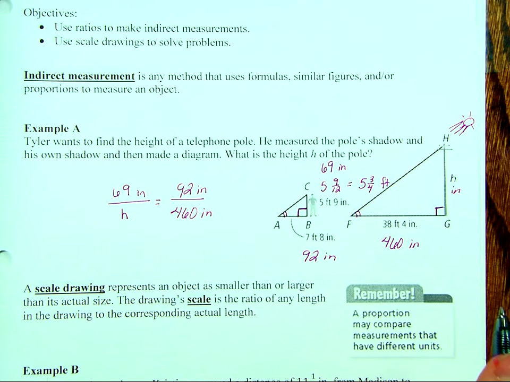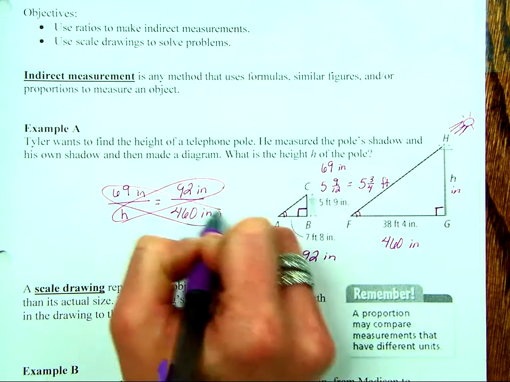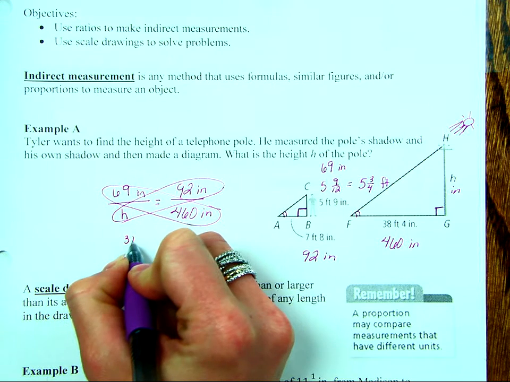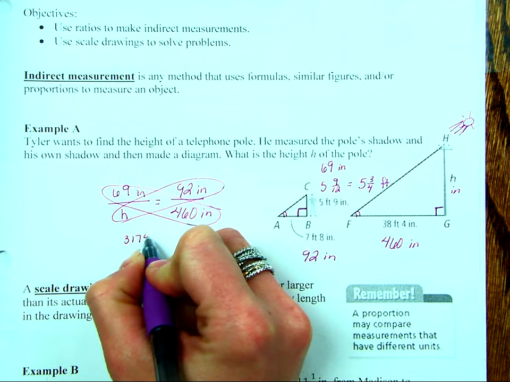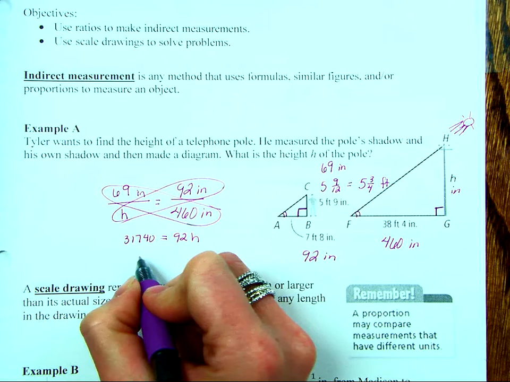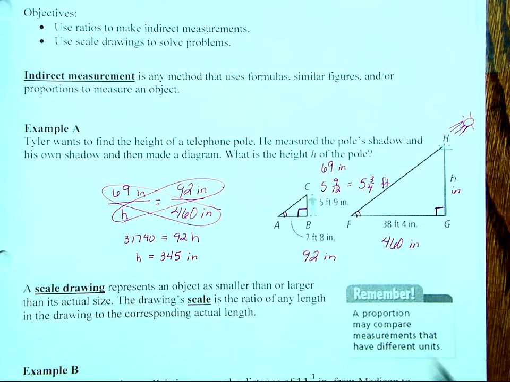And now I can just go ahead and use our cross products. We are going to find that 31,740 is equal to 92h, and we divide and we find out that h is 345 total inches.